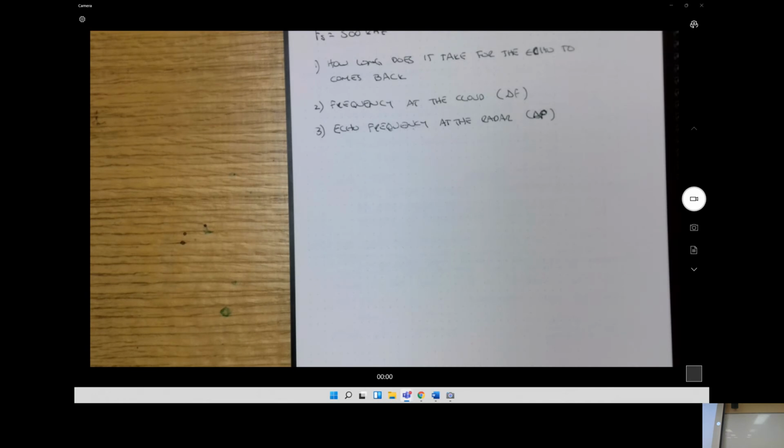So if the cloud is moving away, the frequency goes down or up? It goes down, right? But here you are getting a factor larger than 1, so you're going to get a higher frequency.